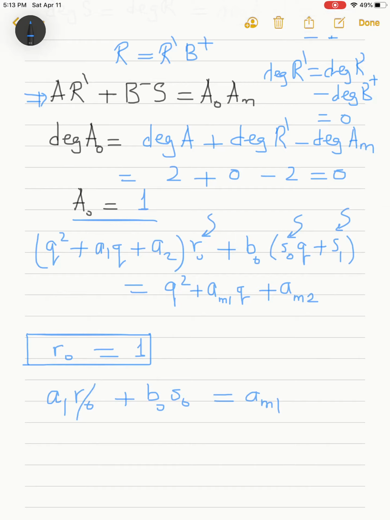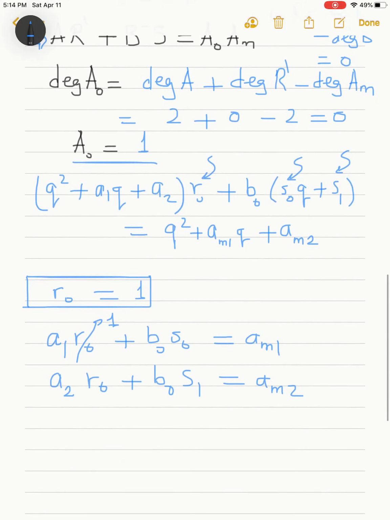Of course R node is 1 from the previous solution. Second, I will take the absolute term, so I will have a2 R node plus b node S1 equals am2. So if I do that, I can calculate the values of S node and S1.